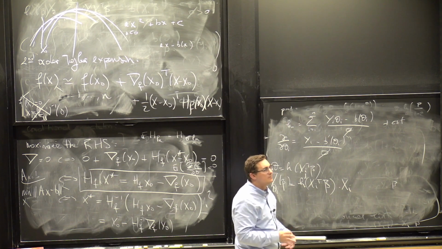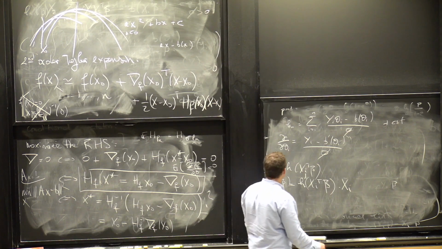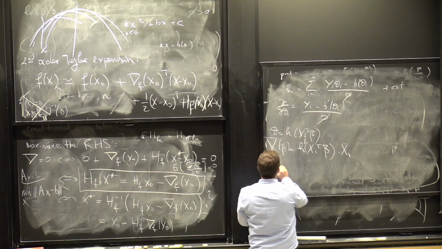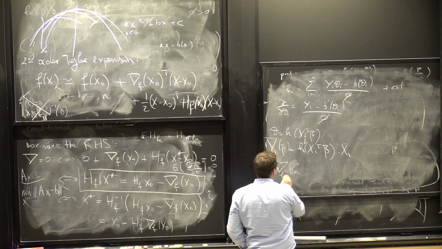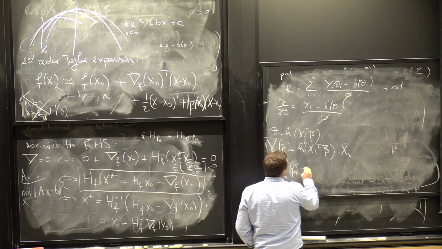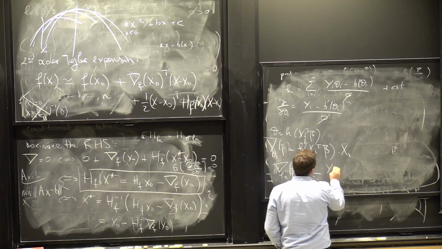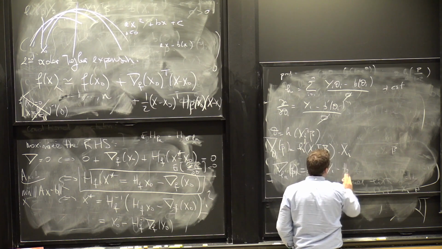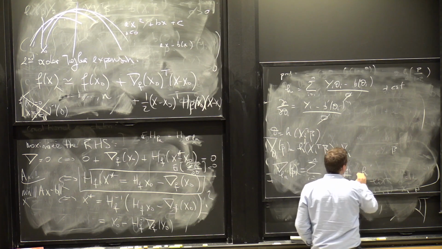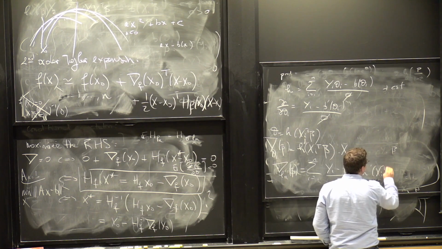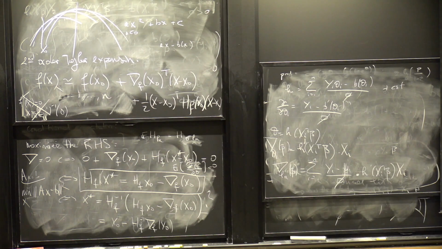I basically multiply by g prime on one side and divide by g prime on the other side. So what I write so far is that the gradient of Ln with respect to beta is the sum from i equal 1 to n of yi minus mu i, divided by phi, times h prime of xi transpose beta, times xi. I just stacked everything that's here.